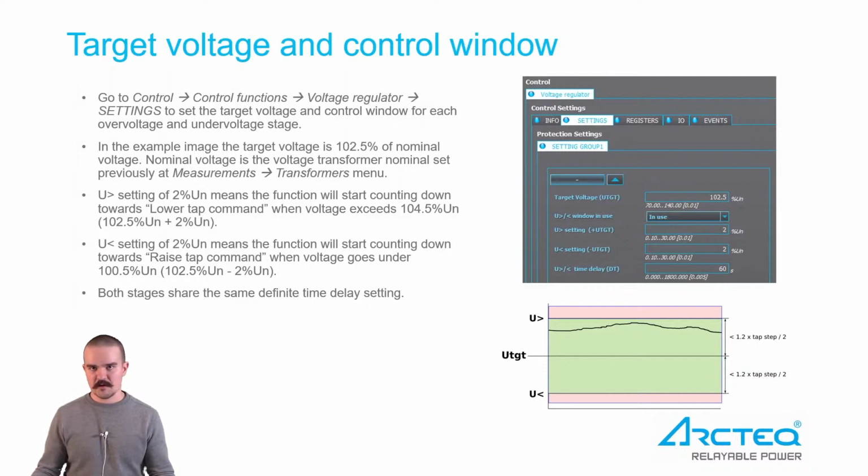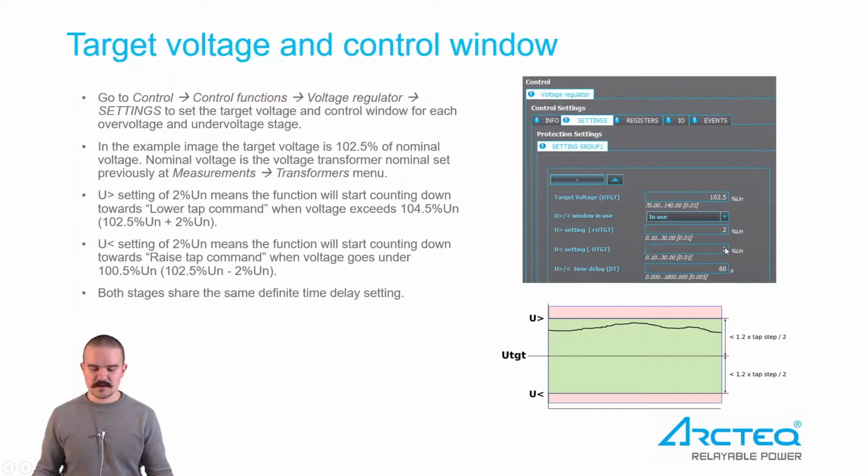multiplied by 102.5%. Then we have taken the first voltage window into use, and for both overvoltage and undervoltage we have set up the same 2% as the limit. So this means that overvoltage picks up at 102.5 plus 2%, which is 104.5%.